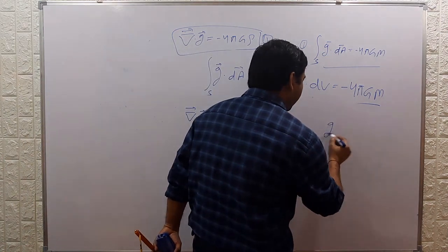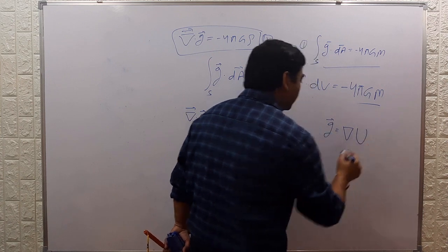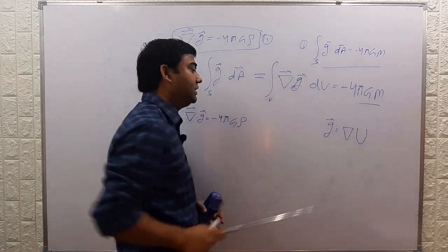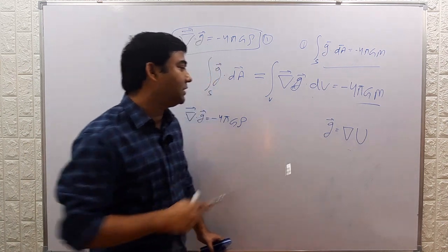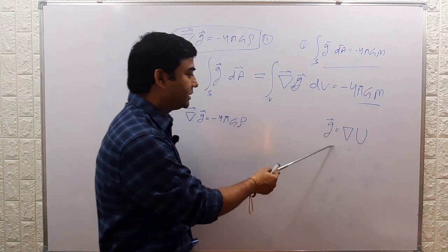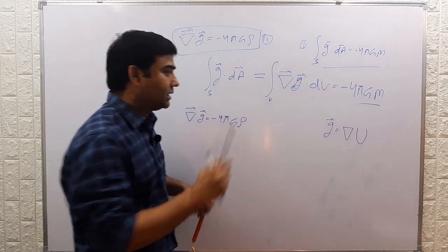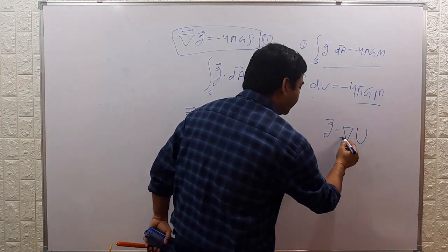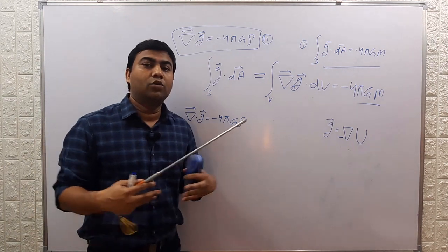So G can be written as grad U, where U is the potential energy. Here the scalar function corresponding to the conservative gravitational field is the potential function, and this is negative because gravitational field is a collapsing field.